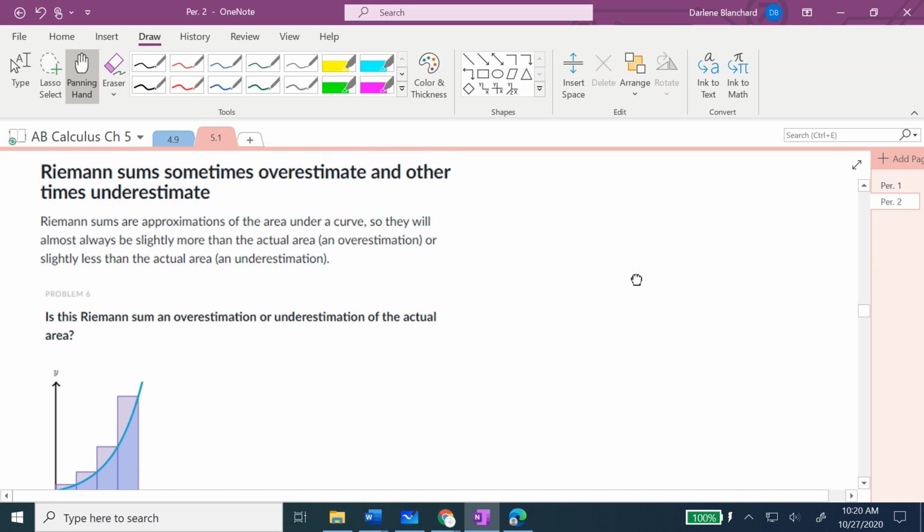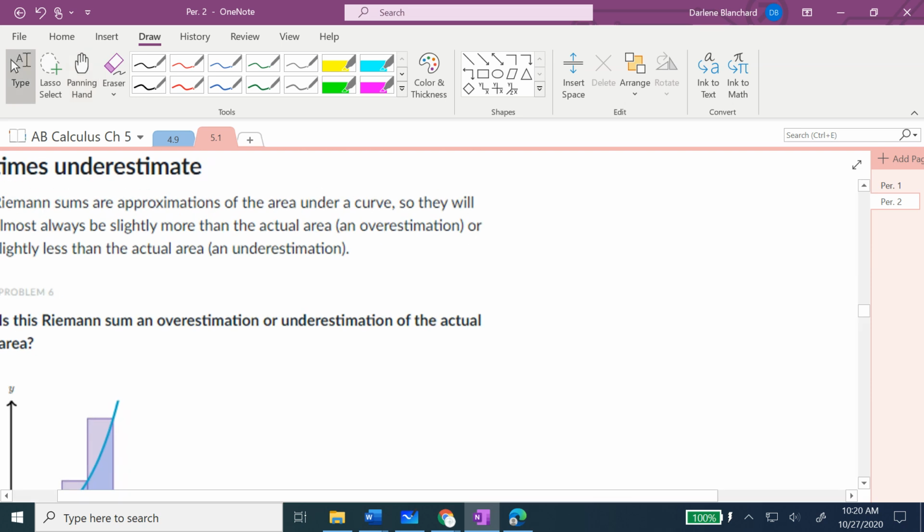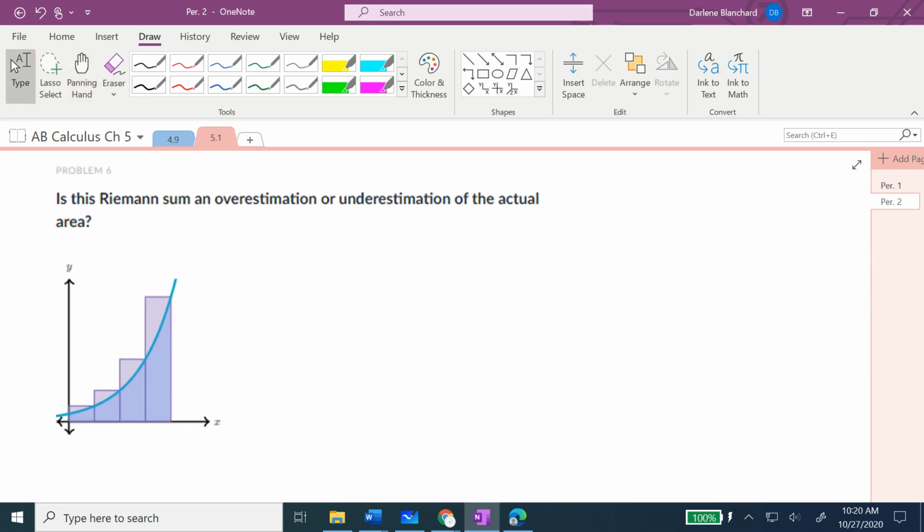You will often be asked whether your left or right Riemann sum is an overestimation or an underestimation. So, this one right here, and I think this is one of the problems you can click on if you like. Is this Riemann sum an overestimation or an underestimation?